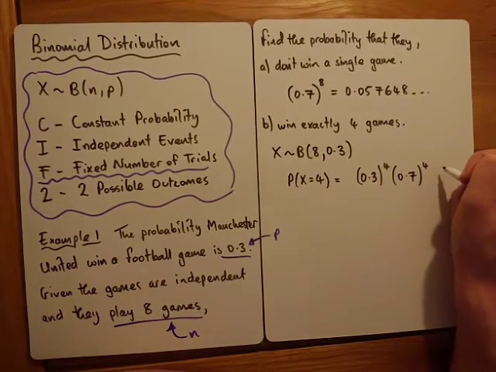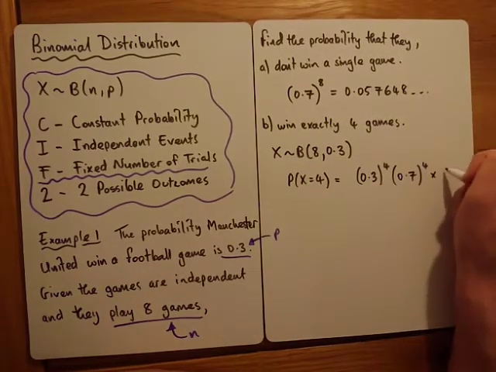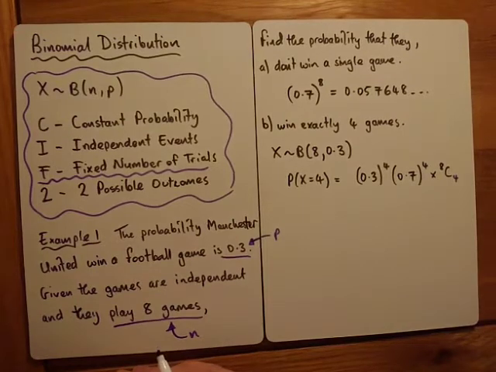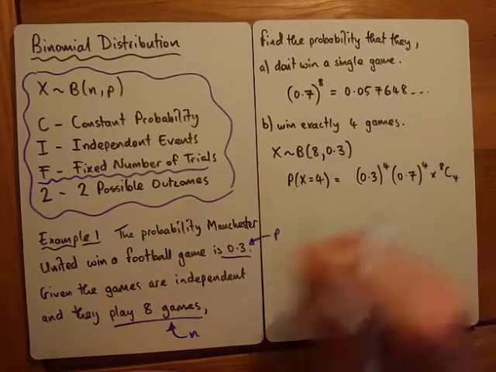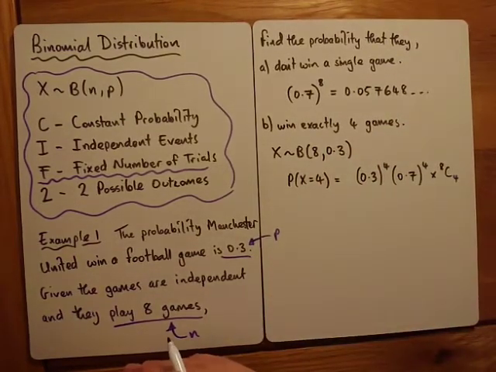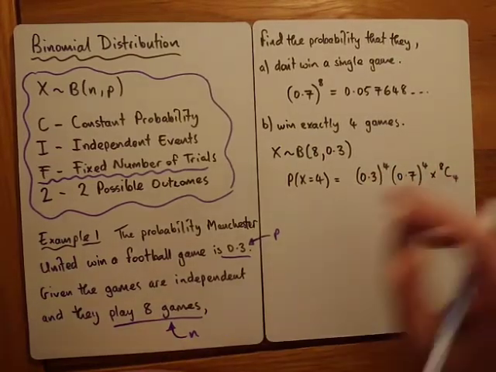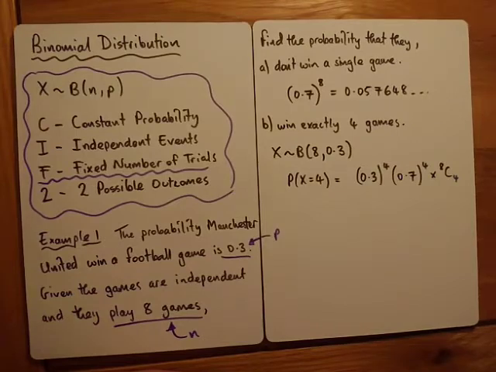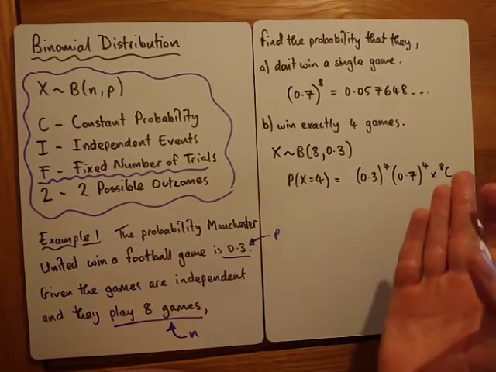You might have seen this in A-level maths. We've also got to multiply that by 8 choose 4, which tells us the number of combinations, the number of ways that this could happen. Now that's all very well and good, but you don't need to show this calculation in the exam. It's nice to have an idea of it, and you look at it a lot more in A-level maths.